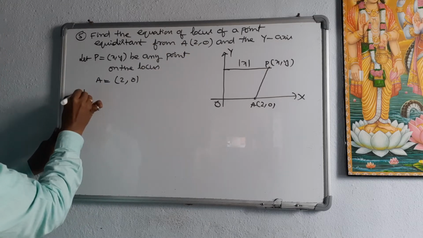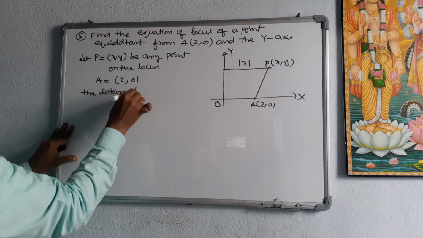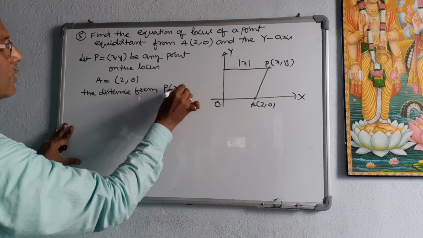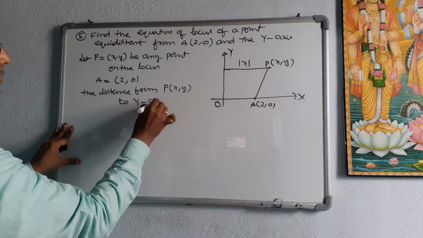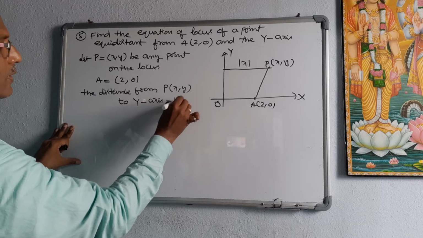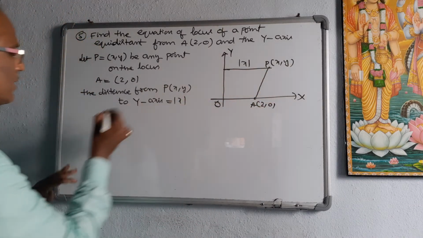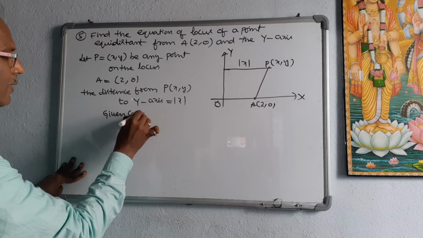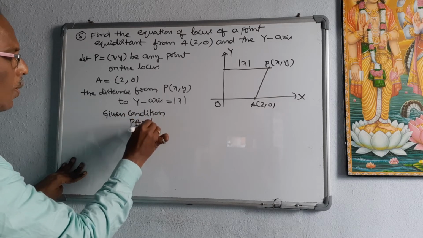The distance from P x comma y to y-axis is mod x. Here given condition PA is equal to mod x.